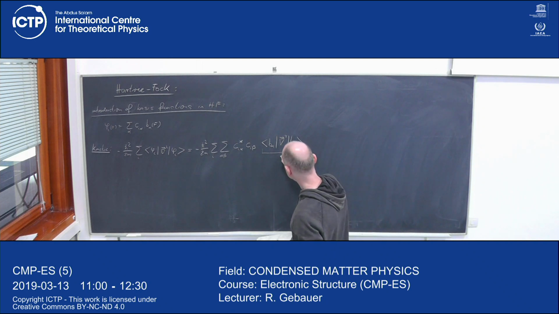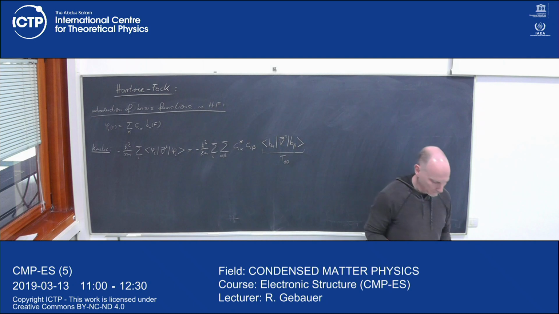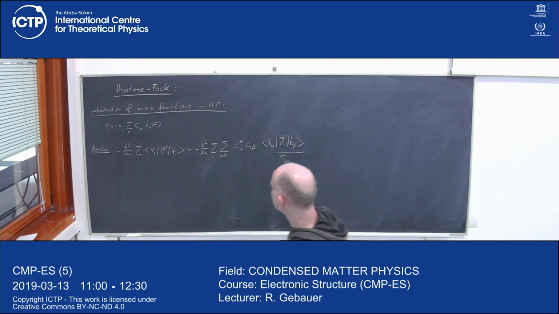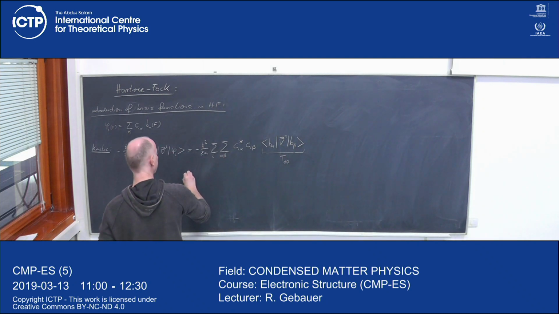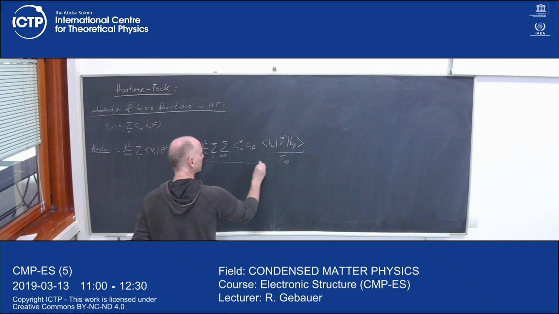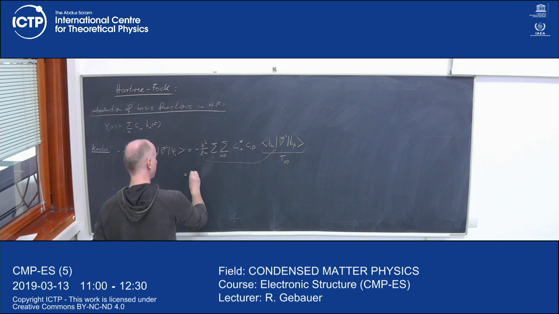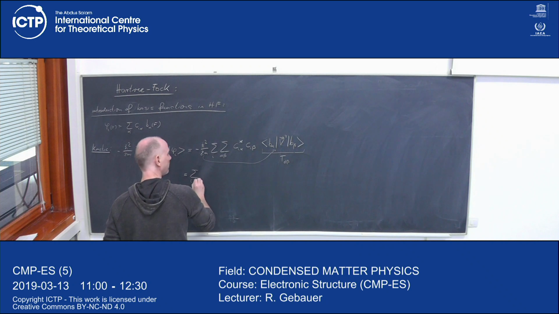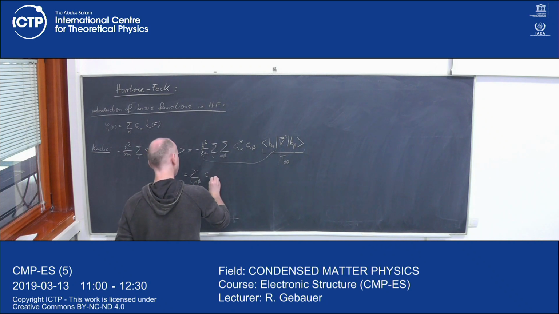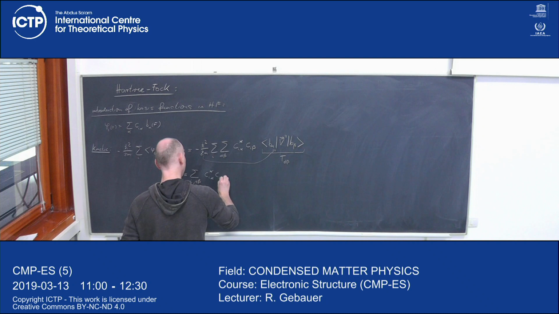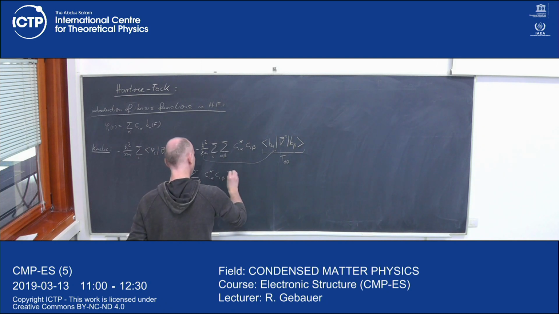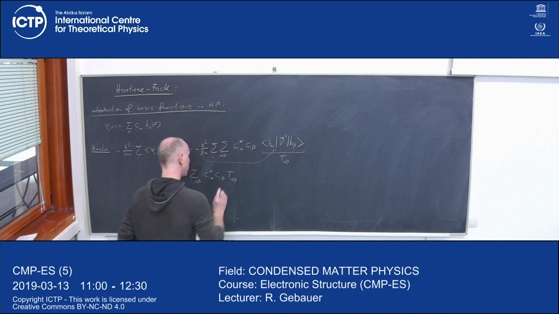And I call this here T alpha beta. So what we have here is minus h bar squared, and I take also these factors into this. So this here is then the sum over i, over alpha and beta, c i alpha, c i beta, T alpha beta.